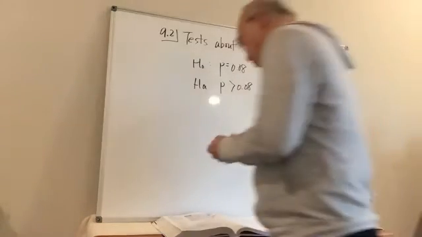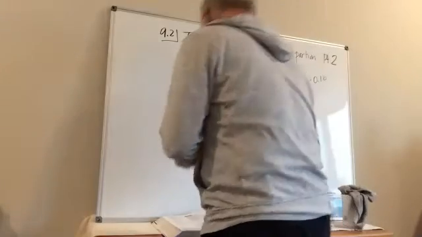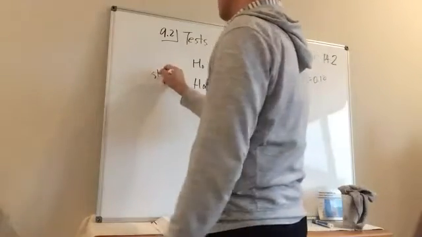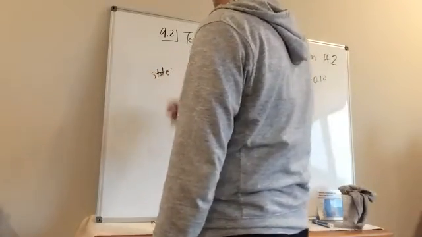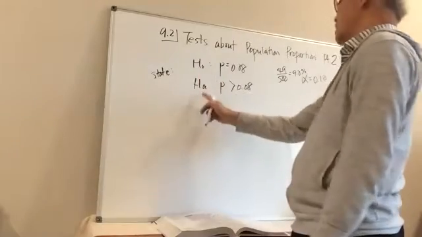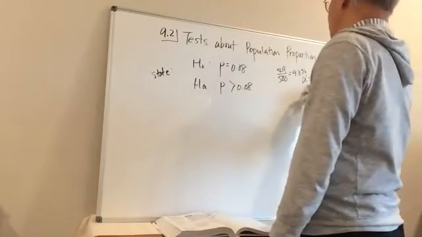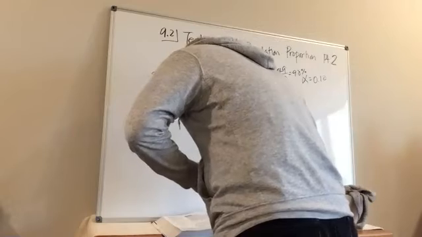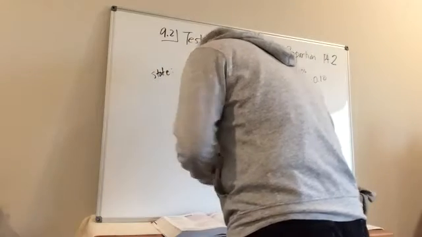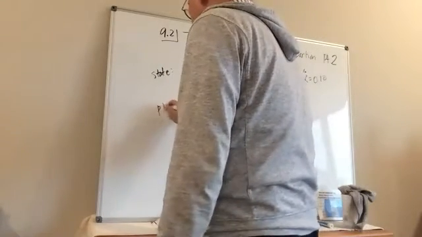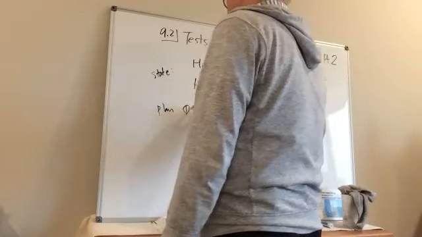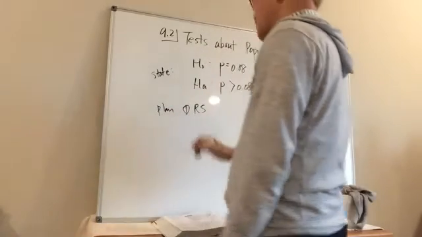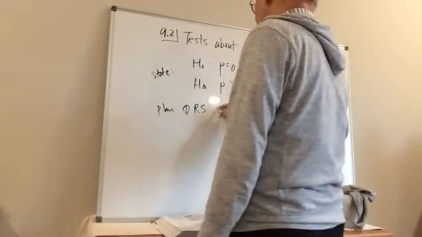Okay, so now we're going to do the test. The state is this. We are doing a significance test with a null of p equals 0.08, an alternative of p greater than 0.08, and an alpha level of 10%. Then we have the plan. Is it a random sample? Yes, we were told we're doing a random sample.